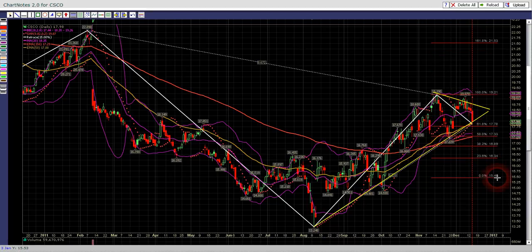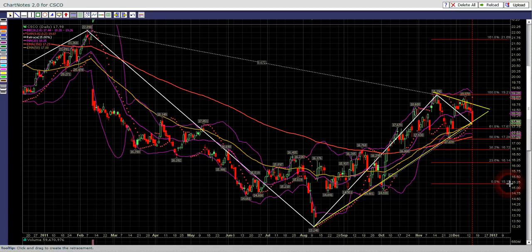So I'm going to draw from a 50% retracement from the low to the high, and because of the inbound trend, we're going to be able to see here 15, 16, I don't know how clearly you can see it here. So about 15.20, 15 and a quarter is our potential target if we take out this Bollinger here and continue on the downside.